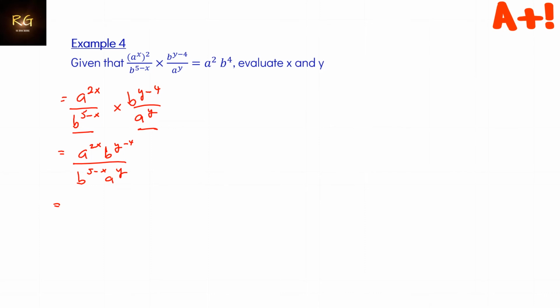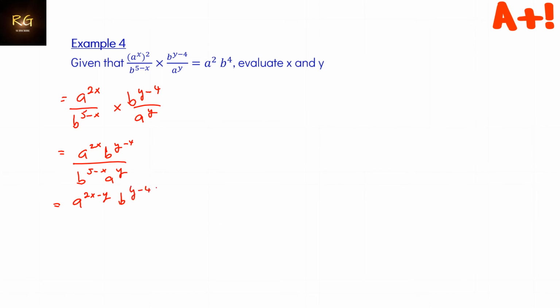So a and a we can divide together, correct? Let me erase that to avoid confusion. a and a we can divide together since it's the same base. So for a, the powers we need to minus with each other, correct? So 2x minus y, and then for b we need to minus the powers, because b and b the base is the same.